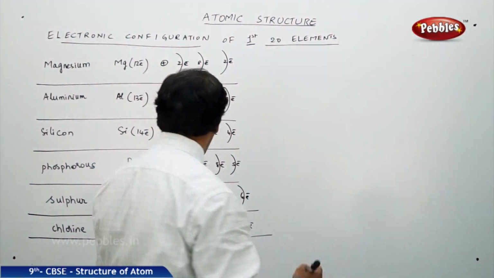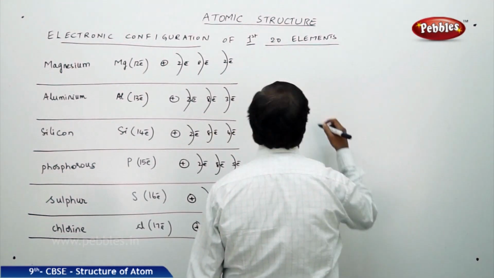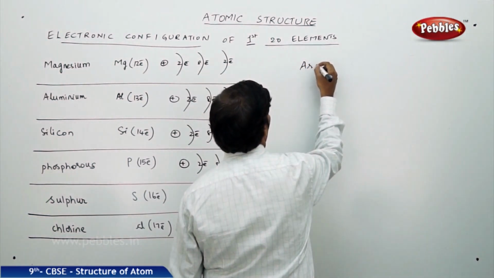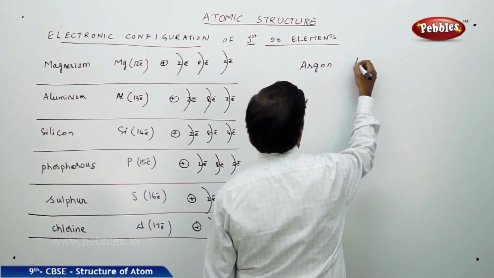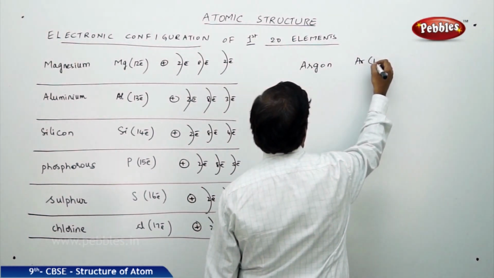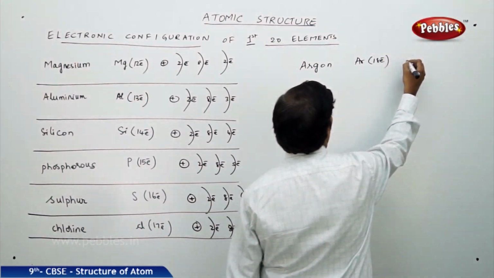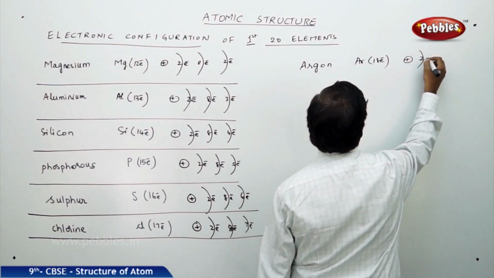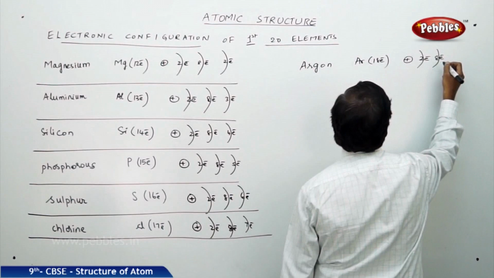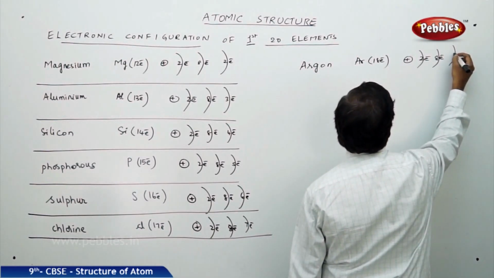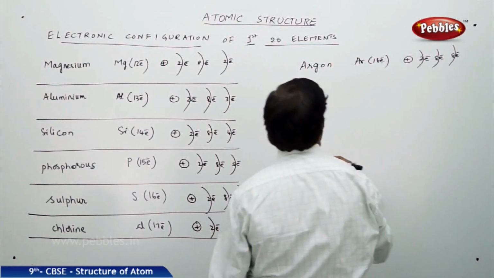So go for the next element, as chlorine is over. Go for argon. Symbol is Ar. It contains 18 electrons. So nucleus 2 electrons, 8 electrons, and again 8 electrons.